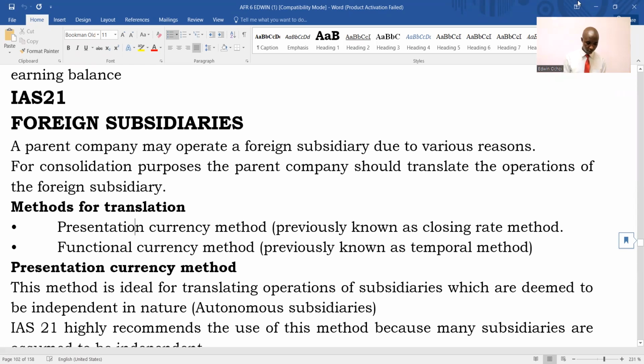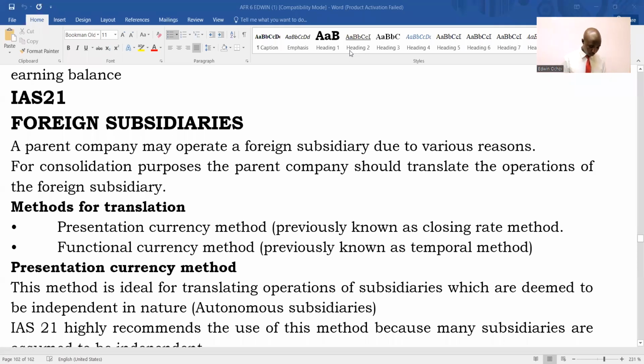The methods of translation: presentation currency method, also known as the closing rate method or the functional. When we talk about the presentation currency method, that is the one which is recommended. This method is ideal for translating operations of subsidiaries which are deemed to be independent in nature.